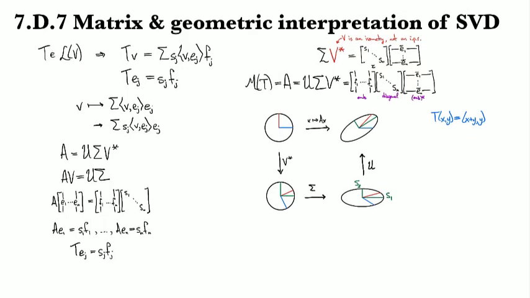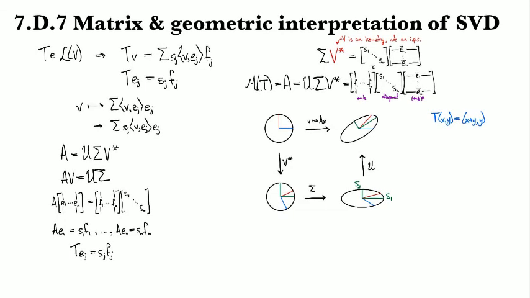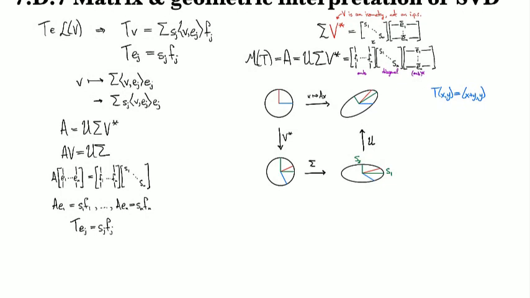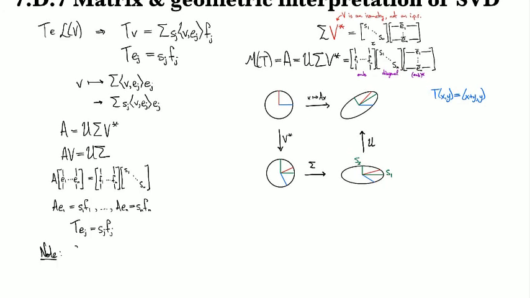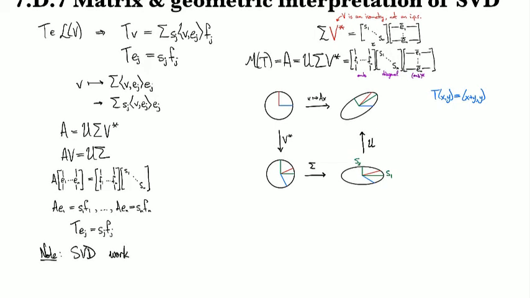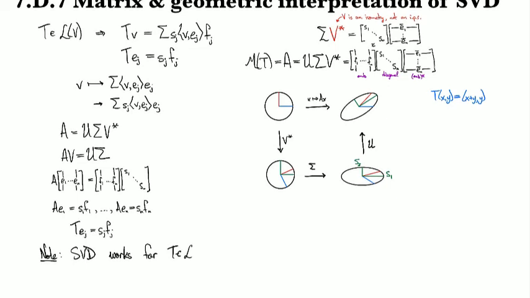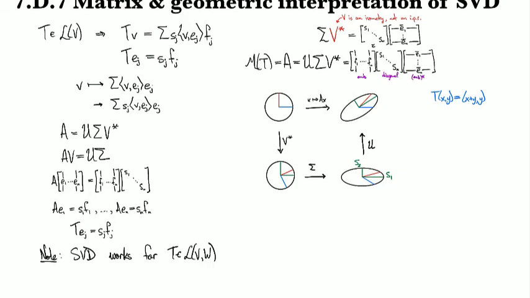And so you can see now exactly where this interpretation of T as the thing that takes EJ to SJ times FJ comes from. Now, one thing that the book does not get into, in addition to this talk about matrices, is how the singular value decomposition works much more generally for linear transformations from one vector space into another.